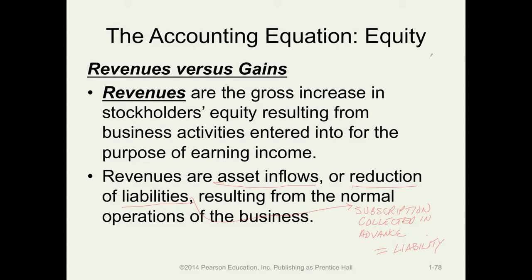So that when you deliver the product, revenue goes up and the liability goes down. So when the product is delivered, when the magazine is delivered, revenues are going to go up and the liability will be decreased.